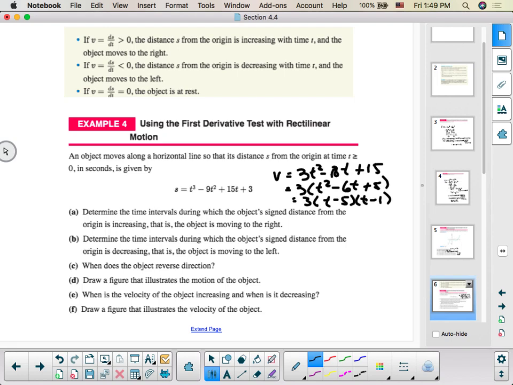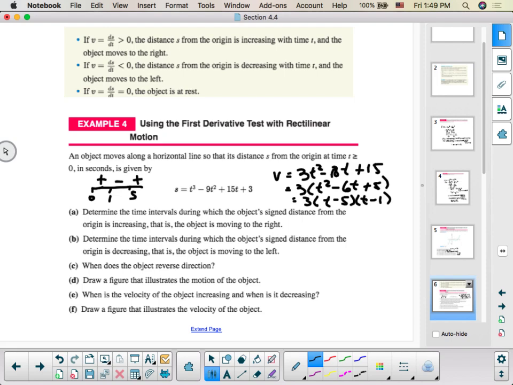So that tells us that there are critical numbers at 5 and 1. And we know that the time has to start at 0. So between 0 and 1, we're going to have a negative and a negative, so that gives us positive there. Between 1 and 5, we have positive for one piece but negative for the other.